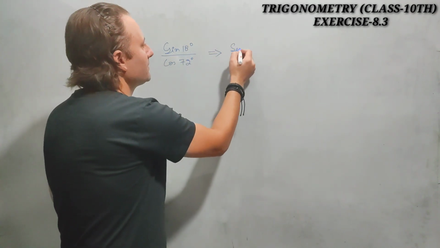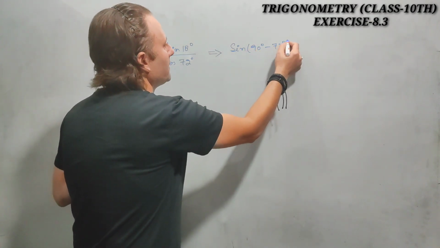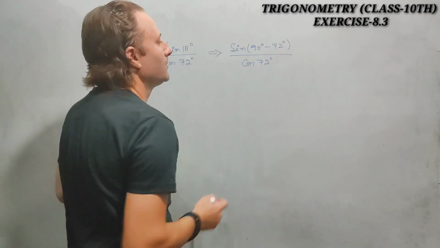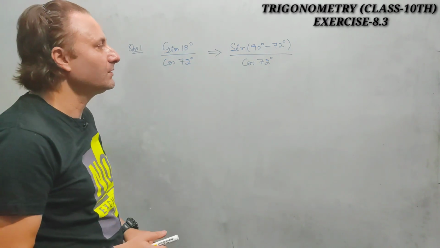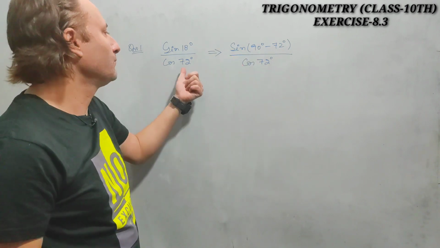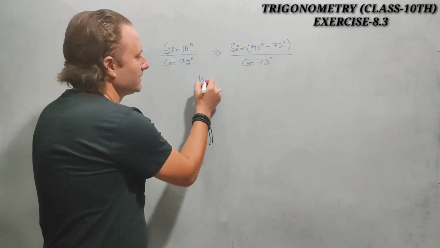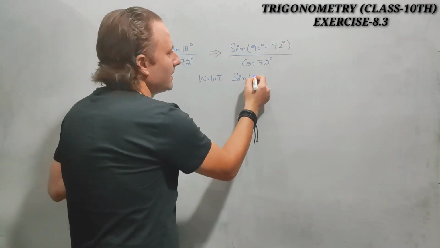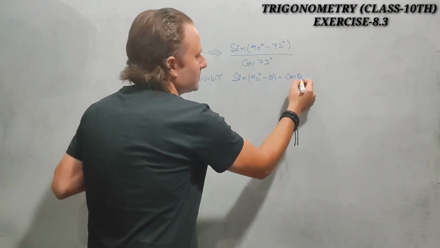I can write here sine 90 minus 72 degree upon cos 72 degree. What I did is I saw that we have an 18 degree here. If we deduct 72 from 90, we will have 18. We know that, as I said, sine 90 degree minus theta is equal to cos theta.